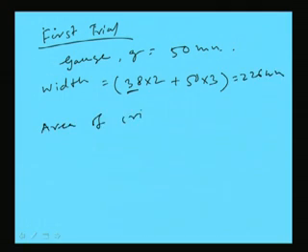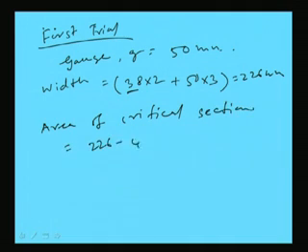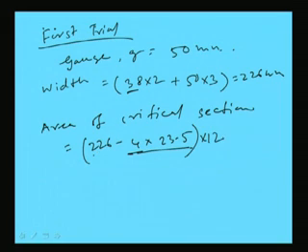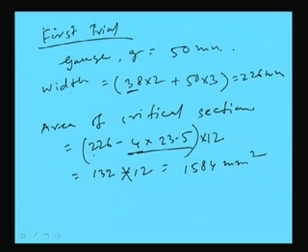So, the area of critical section will be 226 minus 4 into 23.5, because in each row we are providing 4 rivets. This is the reduction due to hole, and this is the width, into 12 mm thickness. So, this will become 132 into 12, that is 1584 millimeter square.